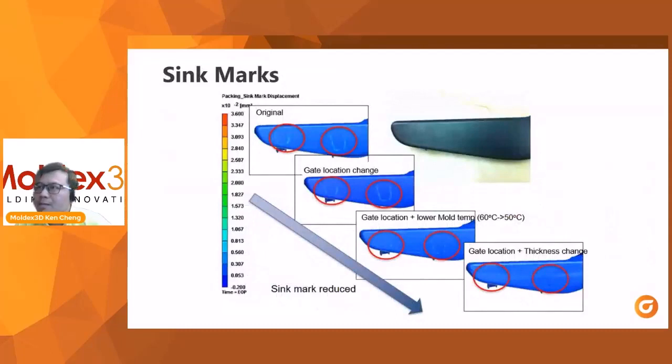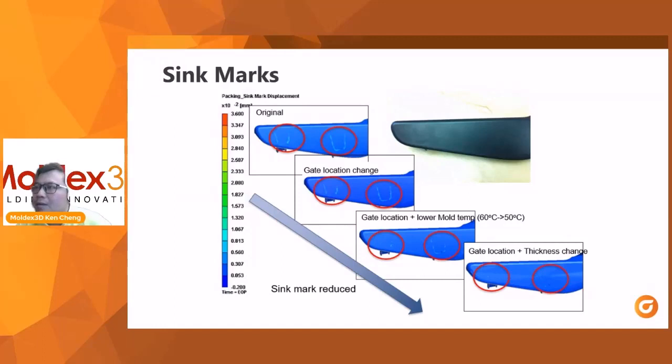This is an example. The original gating is far away from the sink mark. Look at the picture, you could see the sink mark. Then change the gate location closer to the sink mark area. It helps you use higher packing pressure to pack the sink mark area.